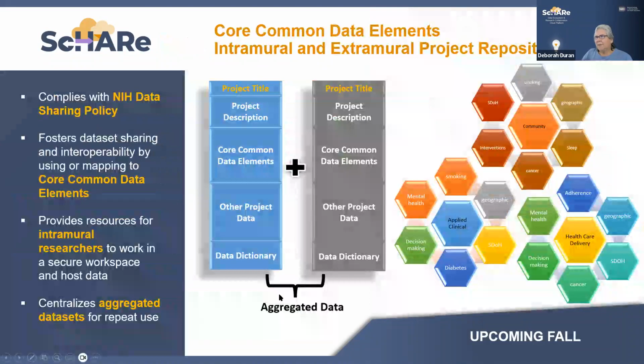What I mean by that is this: when you have a project, if they have the core common data elements, two different projects can be aggregated together and harmonized so that you have a bigger data set over the same particular issue. As you can see from the many different topics here, if we can link all of these together, you're going to have an enriched data set that allows you to do more analyses.